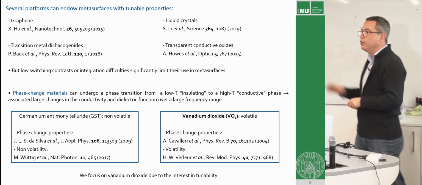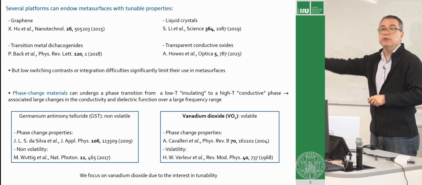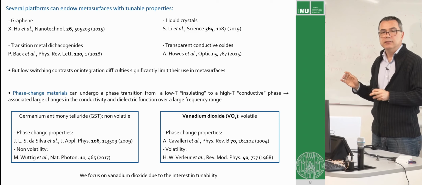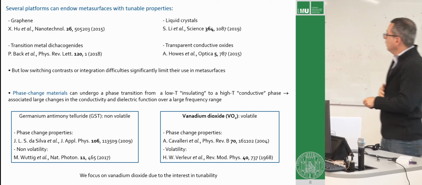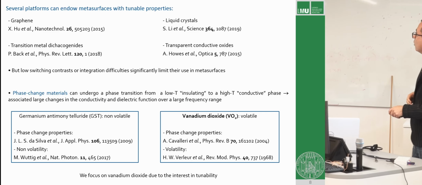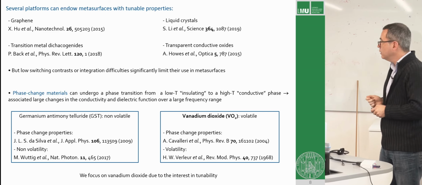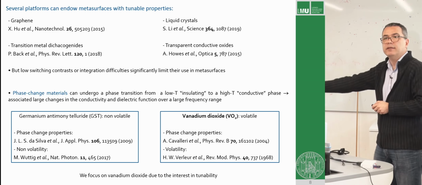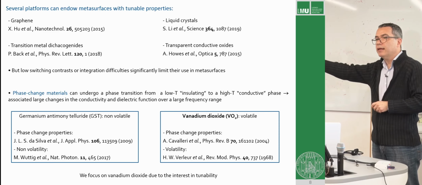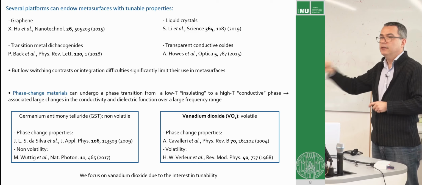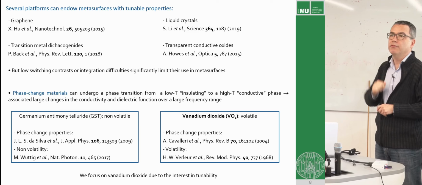This means that when you induce the phase change, when this external stimulus is gone, the material stays in the changed phase, right? On the other hand, vanadium dioxide is a volatile phase change material, and this means that you apply your external stimulus, and then you induce the phase change, and as soon as the external stimulus is gone, the material comes back to the original state, so the previous phase.